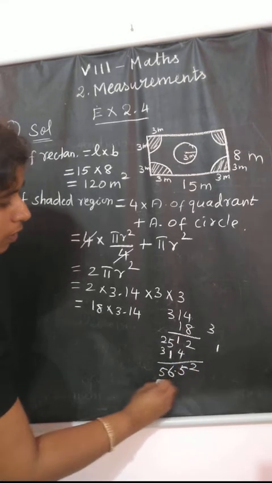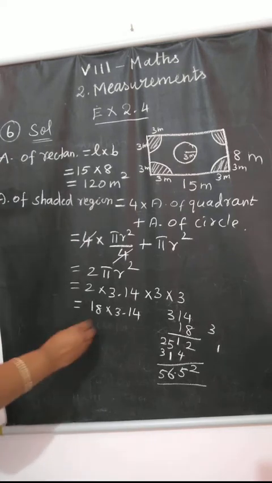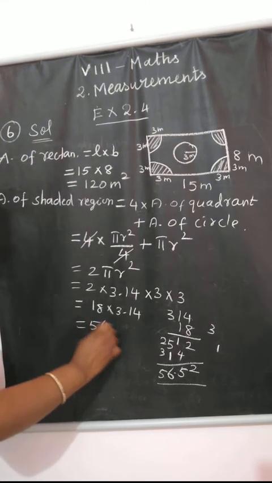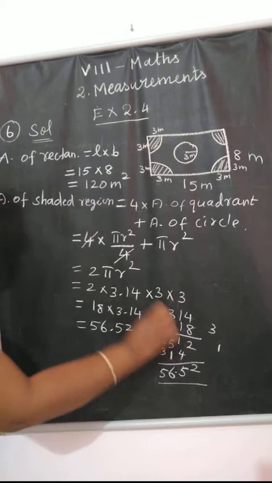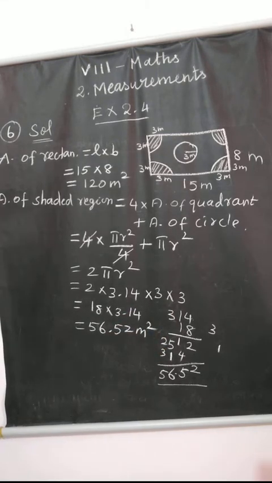So final answer 56.52 meter square. Finally, what they are asking, area of the field.